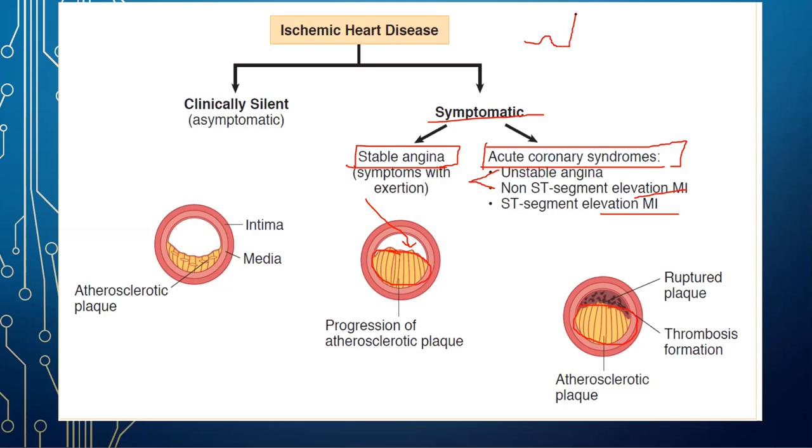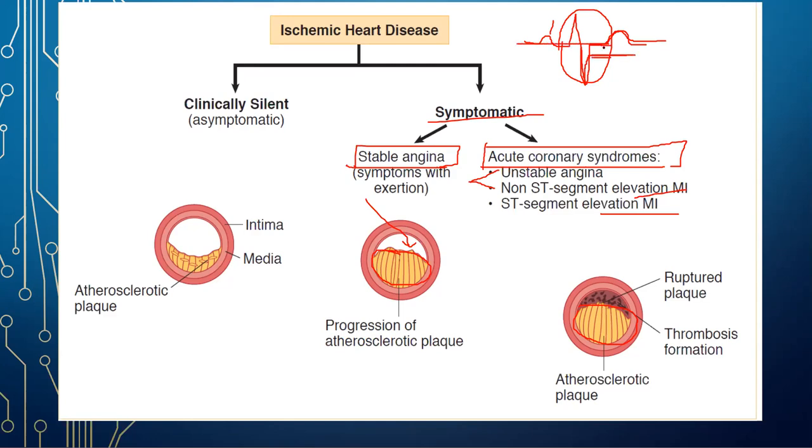So this is your P wave. This is the QRS complex. And then your T wave. This is the ST segment. And then this is the T wave. When it is unstable angina or non-ST elevated MI, you can get ST depression like this.